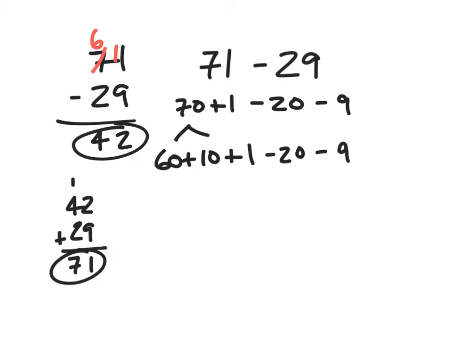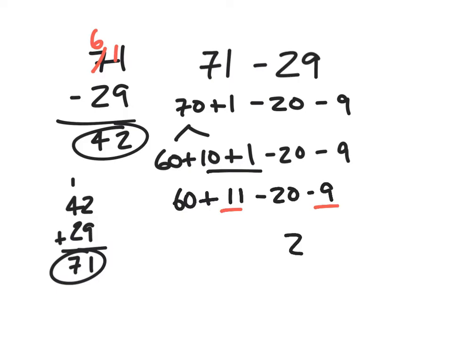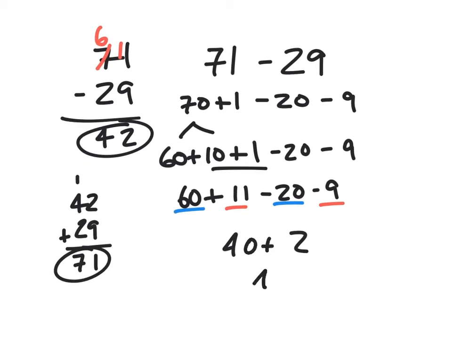Now you can add the 10 and 1 to get 11. So you have 60 plus 11 minus 20 minus 9. Now you can do 11 minus 9, which gives you 2. And you can do 60 minus 20, which gives you 40. And you do 40 plus 2, and that's going to give you 42.